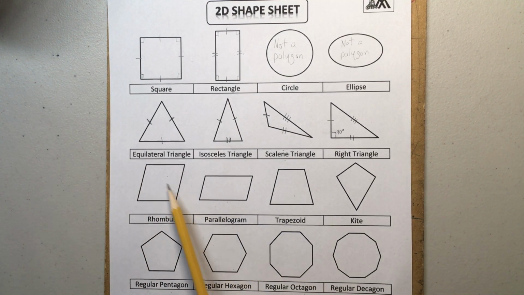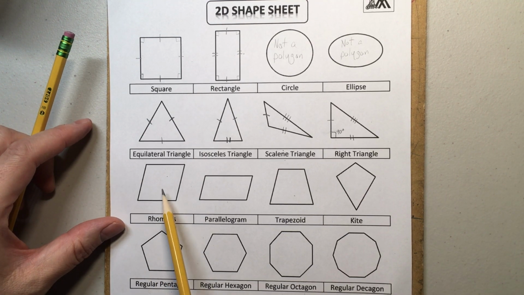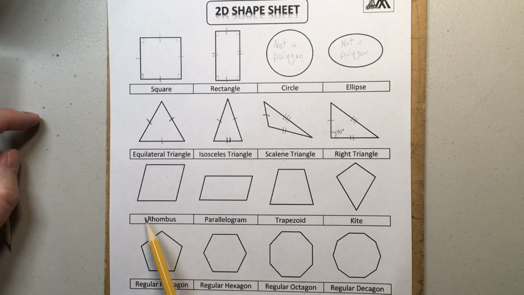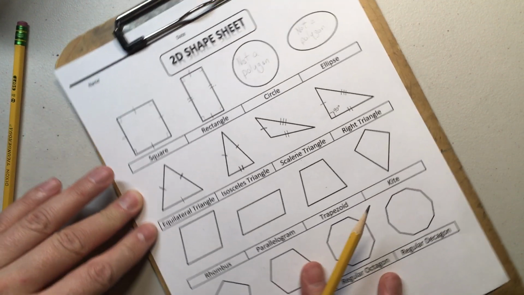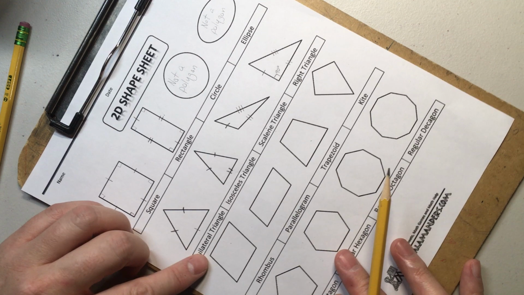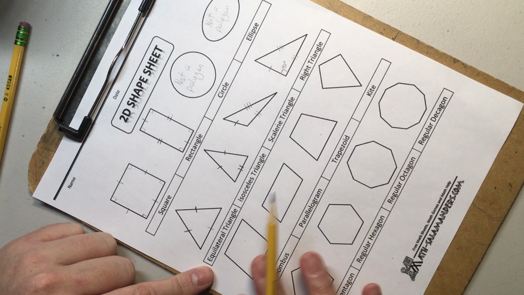Now let's talk about these other types of shapes here, like a rhombus. A rhombus has all equal sides. It's also called a diamond. People like to call a rhombus a diamond sometimes, and it is a diamond shape if you kind of move it.